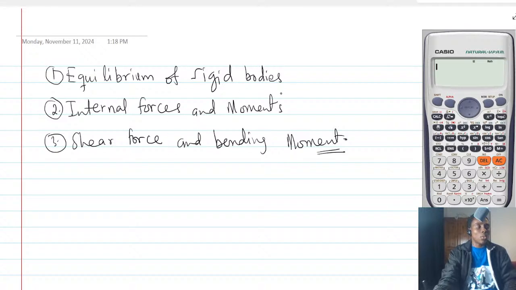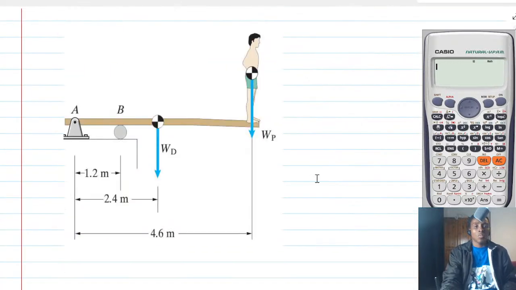So we are going to start with the equilibrium of rigid bodies. Okay. So let's look at this problem which we have right here.